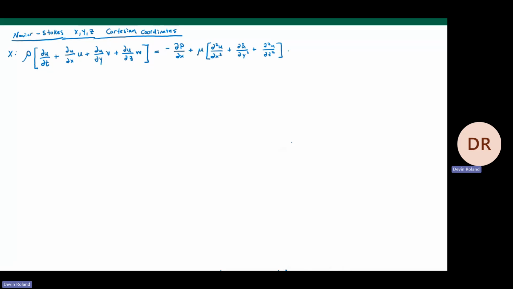Okay, and then we have this plus the gravitational term, rho gx. Okay, so that's the x component.